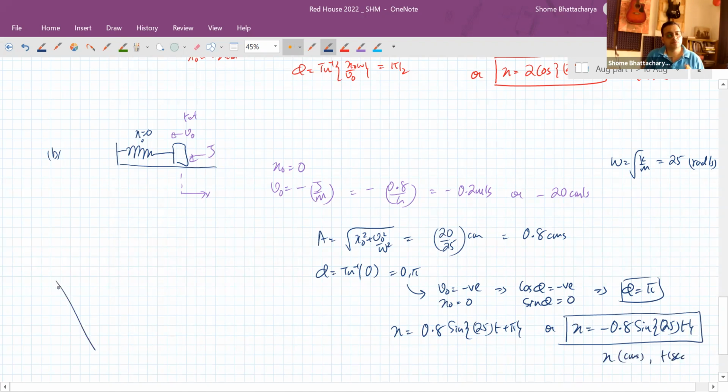So the graph of x versus time this time, for this case, will look like this. Starting from the mean position, but it's going towards the negative side. So at quarter of the time period, it would have reached minus 0.8.